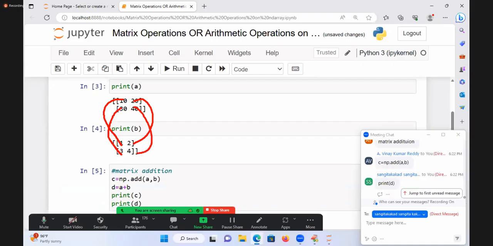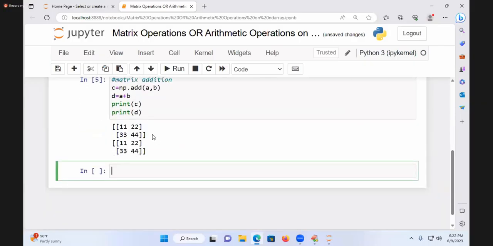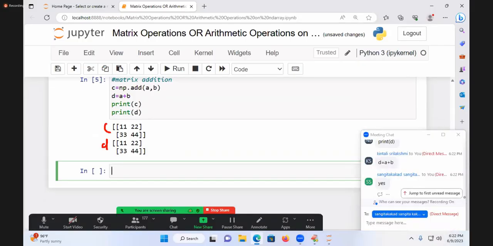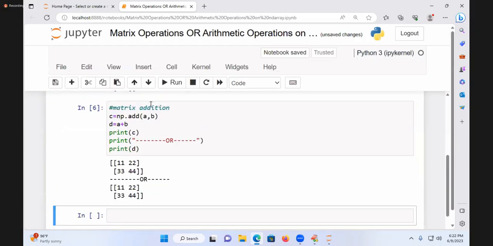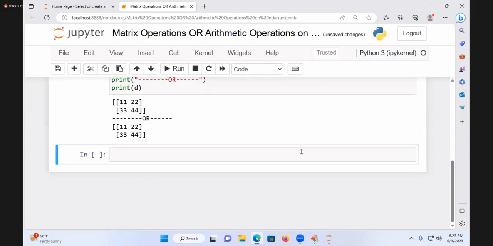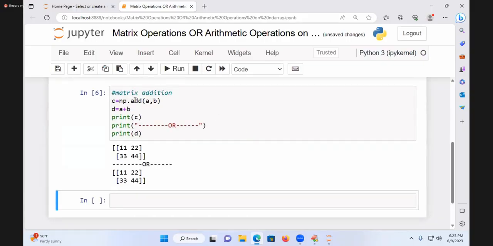Are you following? That is known as matrix addition. So C matrix got it, and next D matrix also got it. Same answer. Are you following me? See that this answer is coming.